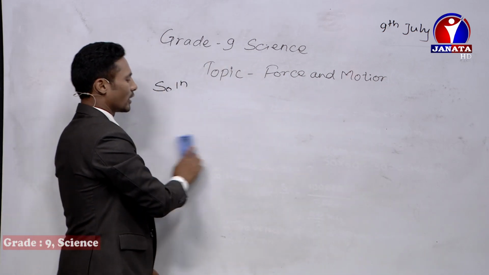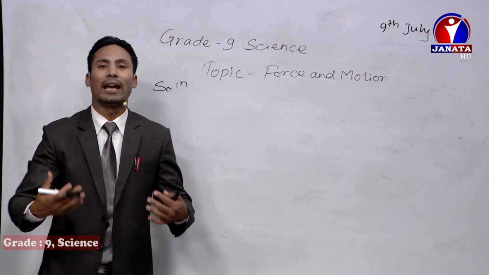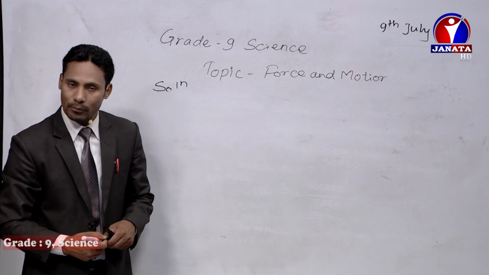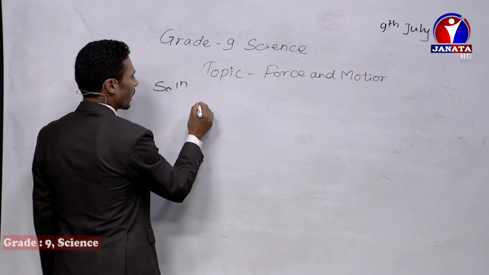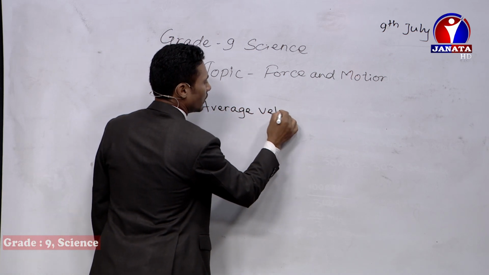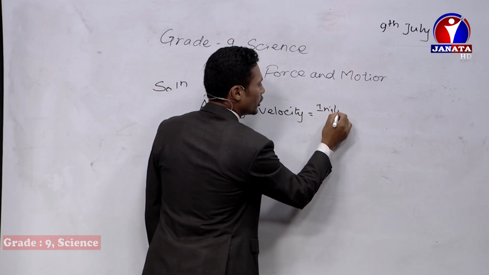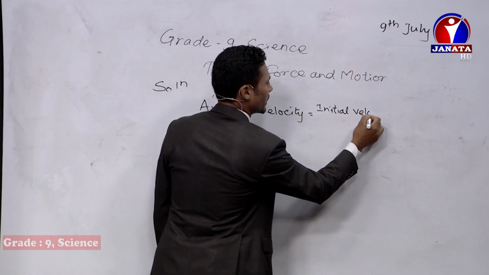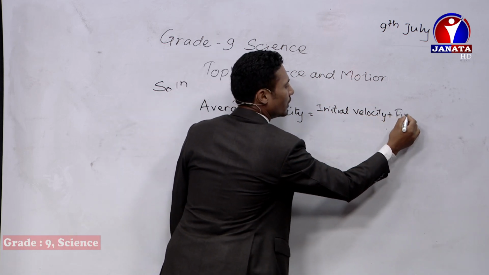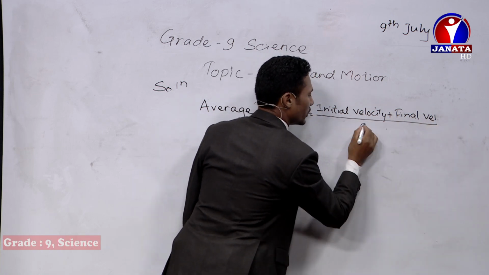That's why sometimes if two velocities are given, and we need to find the single velocity, that is the average velocity, then the average velocity can be calculated by the initial velocity plus final velocity divided by 2.